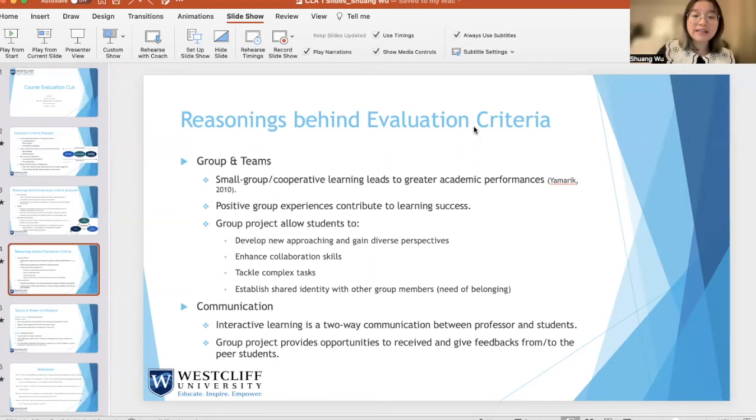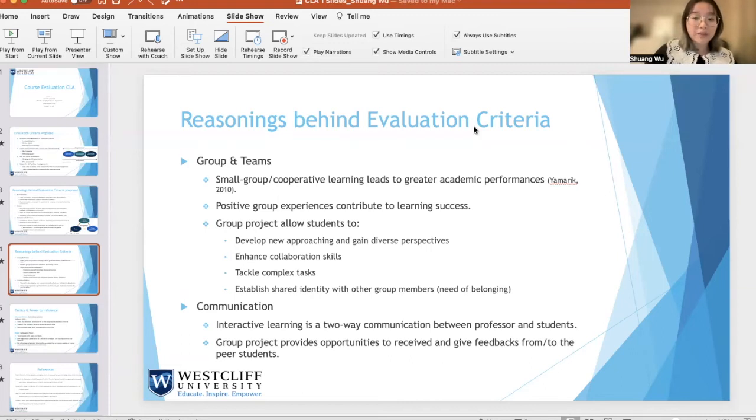It satisfies the need for belongingness for students. It also helps them to develop new approaches and obtain diverse perspectives on the same topics. It enhances their collaboration skills, and it allows them to tackle complex tasks that cannot be done on their own.